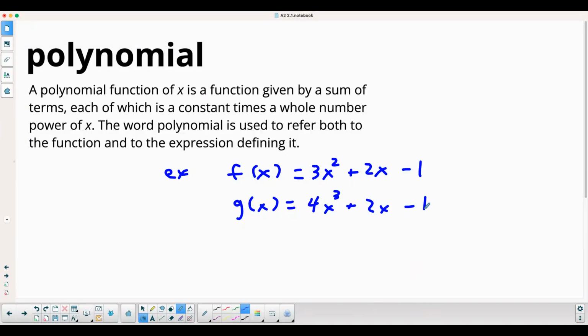Notice you have a constant times x to a power, constant times x to a power, and a constant. Really, it's times x to the 0, but we don't need to put the times x to the 0, but it's there. All right, so that's a polynomial there. Notice you don't have negative exponents. Notice you don't have fraction exponents. And you add up all the terms.